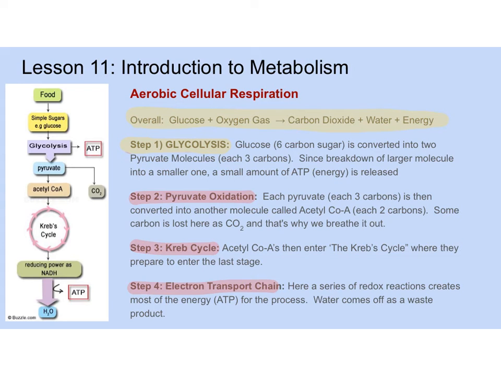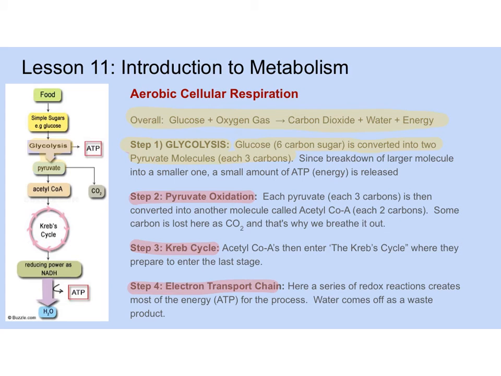The first thing that happens is you take this glucose, which is a 6-carbon sugar, and it's converted into 2 3-carbon molecules called pyruvates. So glucose gets converted to pyruvate. The process of glycolysis turns glucose into pyruvate.